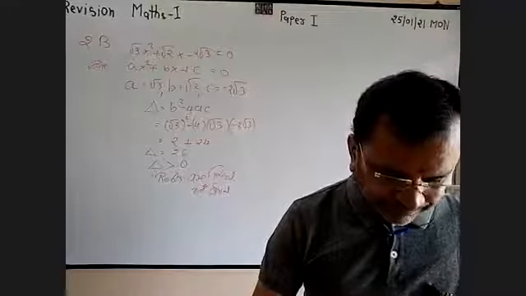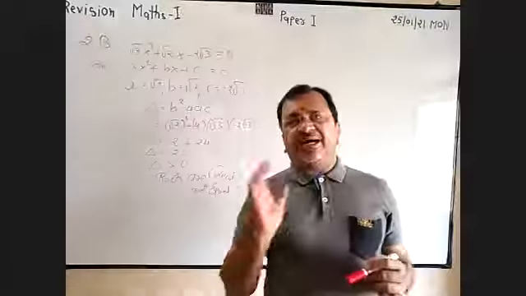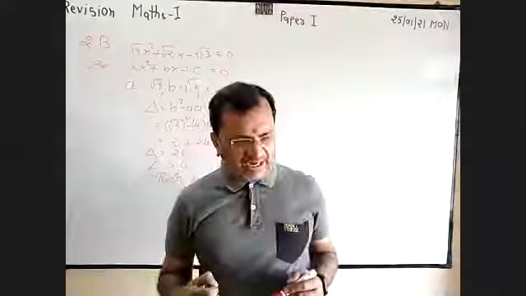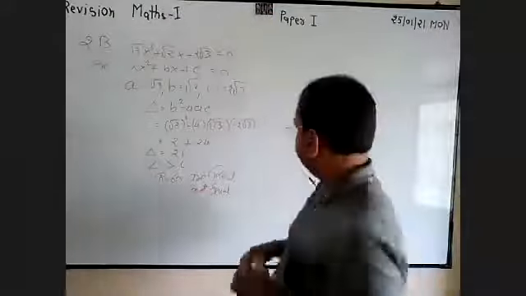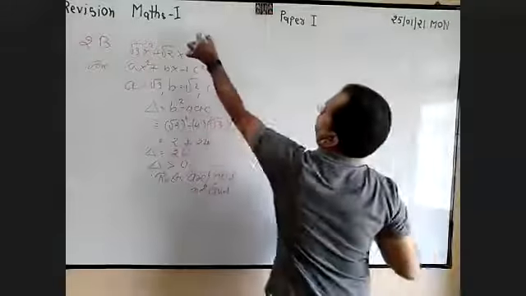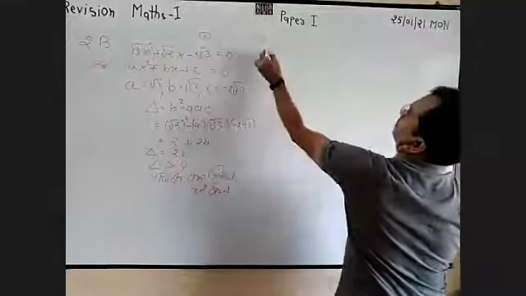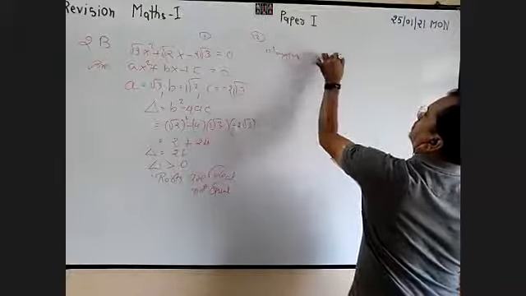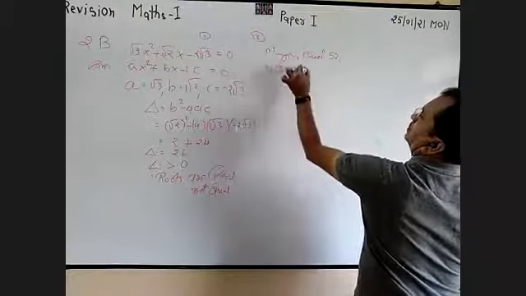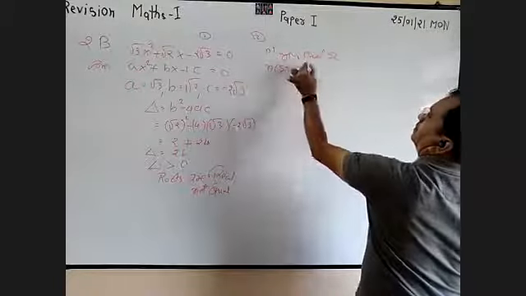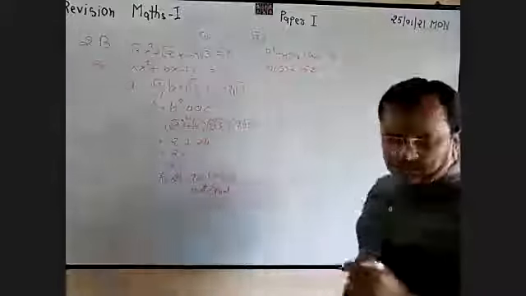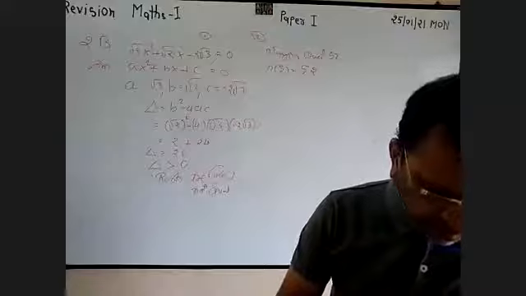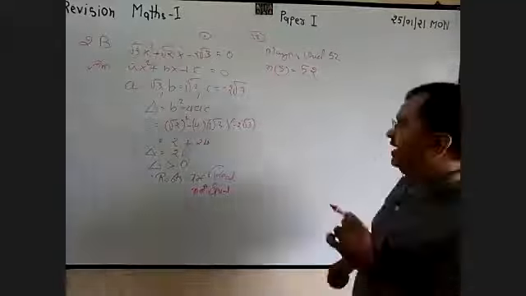Playing cards: total number of the cards are 52. Ace of spade.